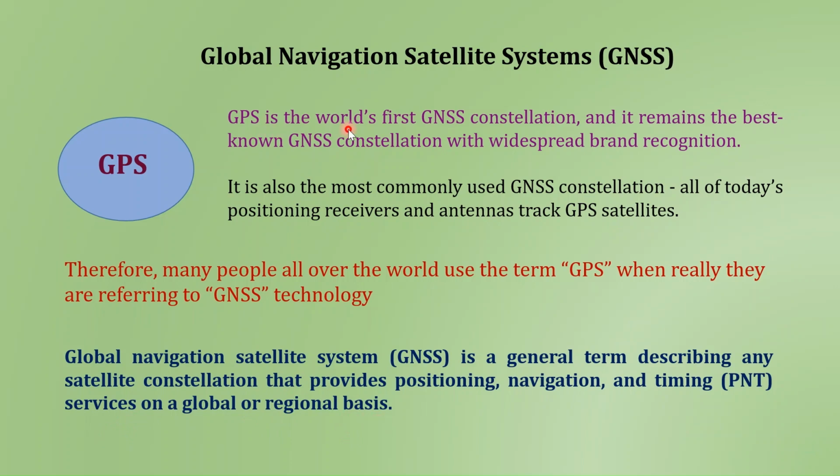And GPS is the world's first and best known GNSS constellation with widespread brand recognition, and it is also the most commonly used GNSS constellation, and nearly all receivers and antennas can track the GPS satellites. Therefore, many people all over the world use the term GPS when really they are referring to GNSS technology.